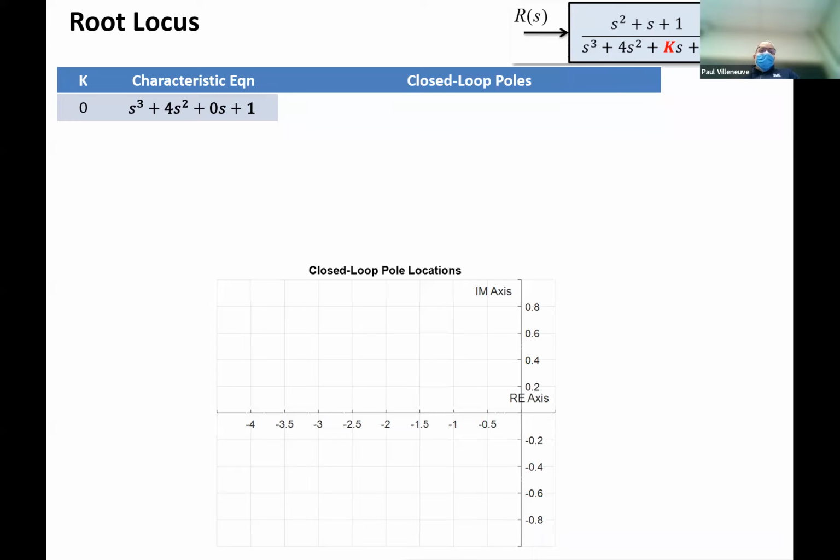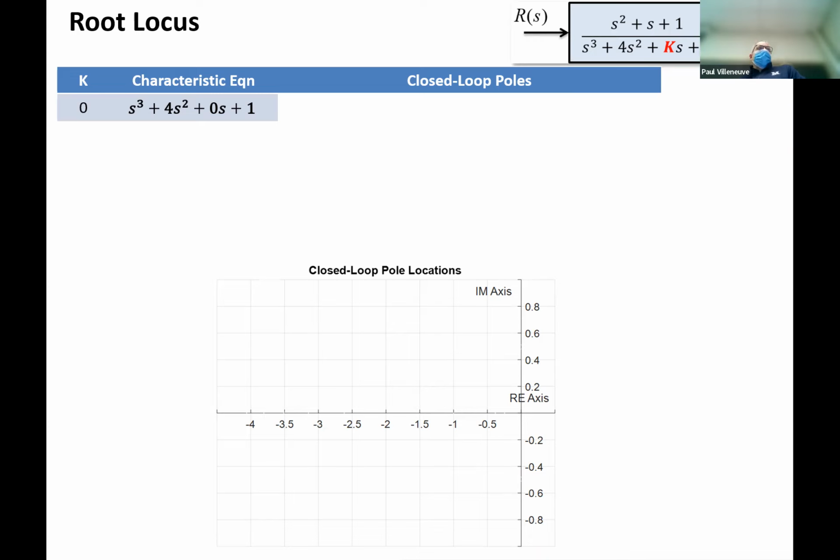All right. Let's start out with K equals 0. So we're going to substitute into our characteristic equation over here. Now we end up with S cubed plus 4S squared plus K times S, which in this case is 0, S plus 1. So can you tell me about this particular characteristic equation?